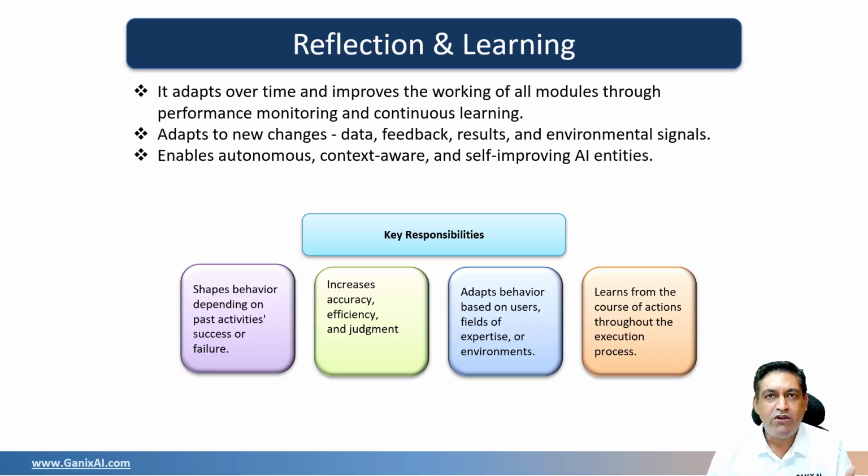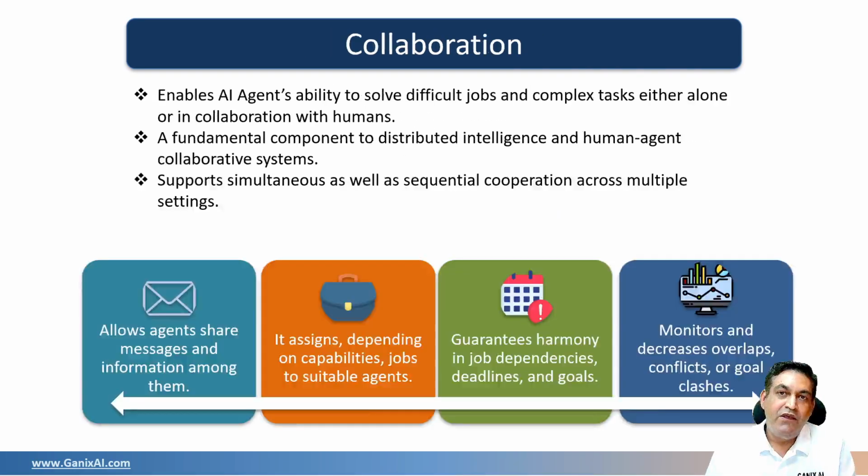Just like a normal human being who completes a task and then analyzes, could I have done it better or faster. Agentic AI does the same thing, but automatically. It checks its outcome and compares it with the objective. If it is not optimal, then it changes strategy for the next time. So it's a kind of self-learning module.